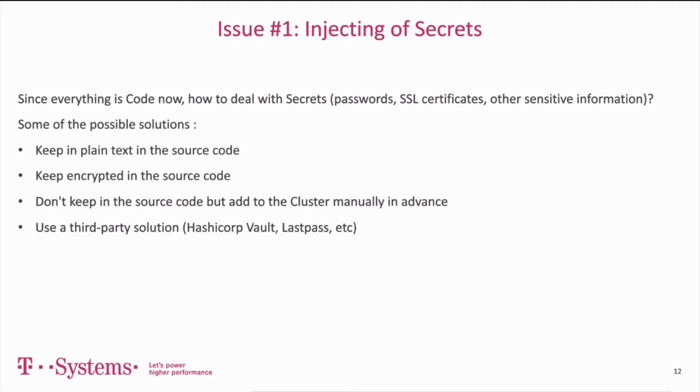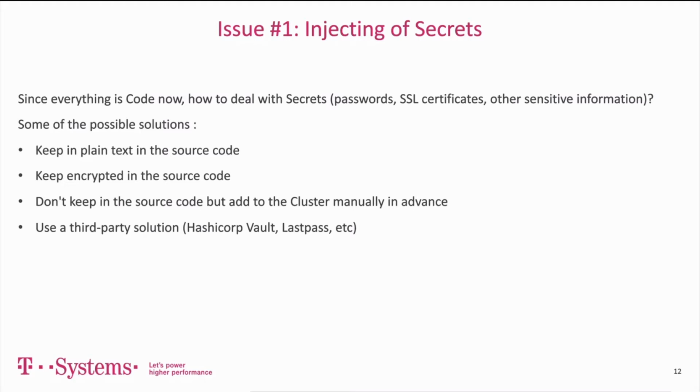The third approach is not keeping secrets in the source code, but managing them manually in the cluster. This is some kind of move away from the pure GitOps solution, because in this case you explicitly say that GitOps will manage everything but secrets. For secrets, we have, for example, a responsible team, and only these people have access to secrets, and only these people will add them manually, and so on and so forth.